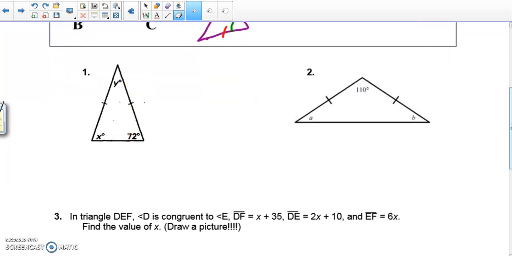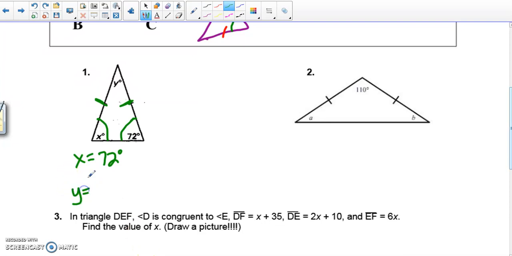All right, so let's do a couple examples and we'll be done. If you look at these two pictures, they are drawn that nice way for us. So there's my congruent sides, here and here. That means my congruent angles are there and there. So 72 right there, that means x is also 72 degrees.